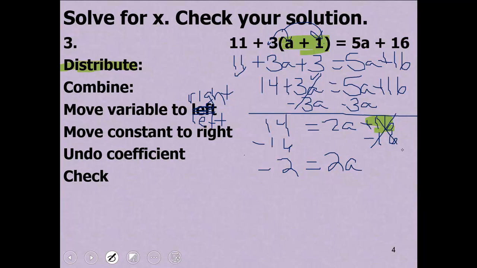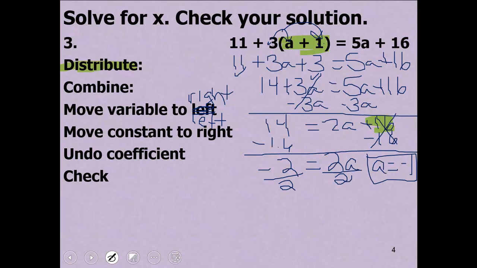These go out, and I take their difference because these are different signs, which is 2. This is a negative 16, so I have more negatives. Now I divide by my coefficient, and I get a is equal to negative 1.